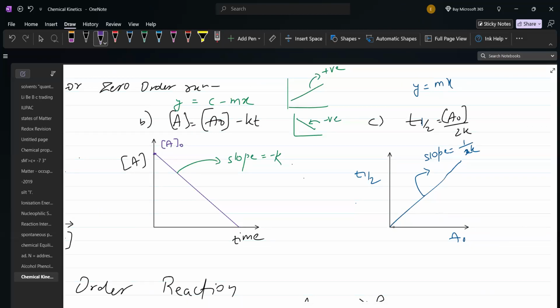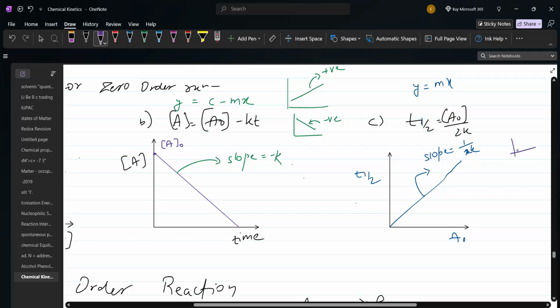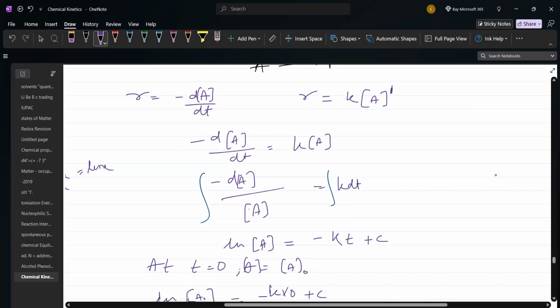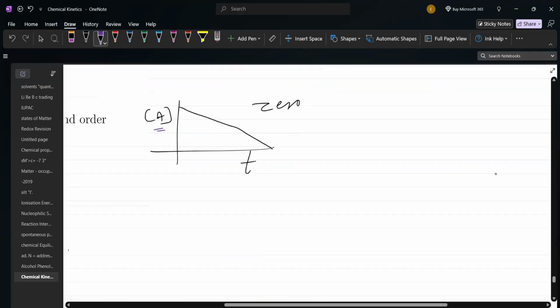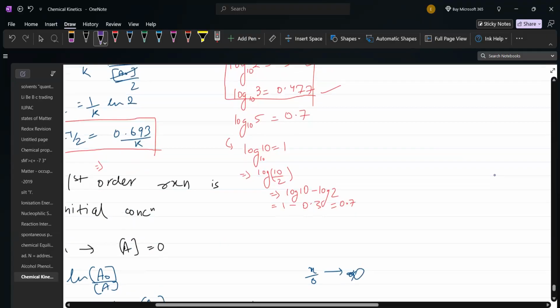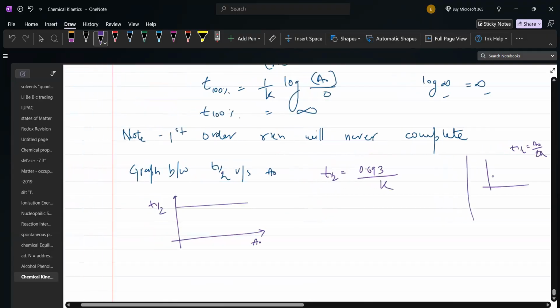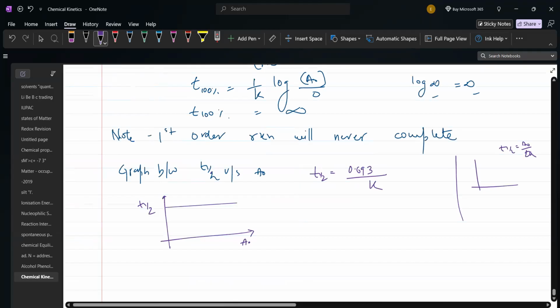So it will be a graph like this. If something is proportional, the graph becomes like this. Since here it is not dependent on A naught, the graph will be a straight line. This one is very important.